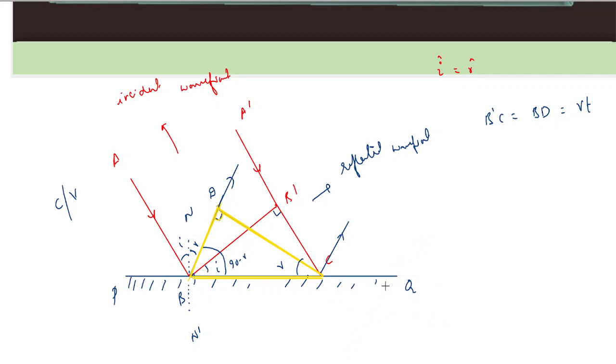So let's find out the second law here. Let's look at triangle B dash BC, which I'll highlight with a green color. From this triangle, let's find sine I. This is the angle made here.